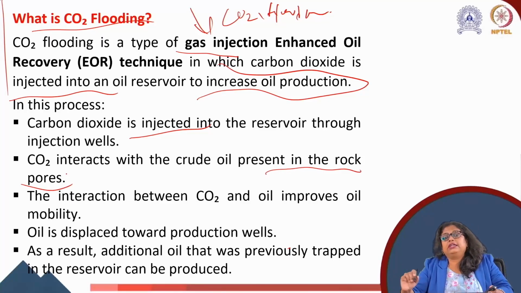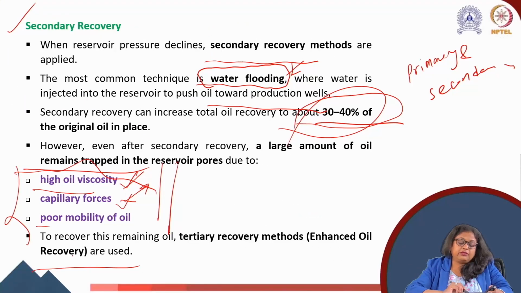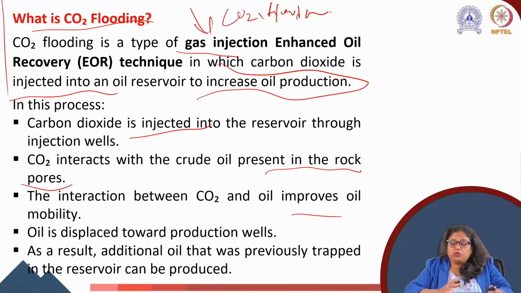Third, the interaction between CO2 and oil improves the oil mobility. What was the problem? There was poor mobility of oil. So the solution is to improve the mobility, and here the means is CO2. The interaction between CO2 and oil is improving the oil mobility.